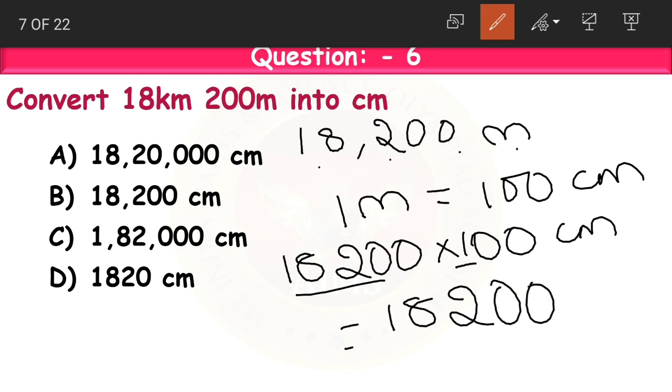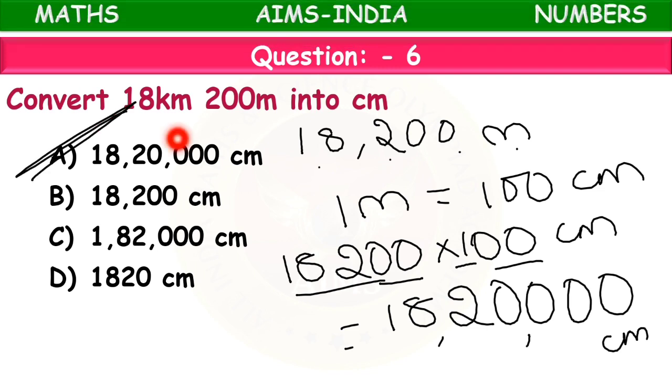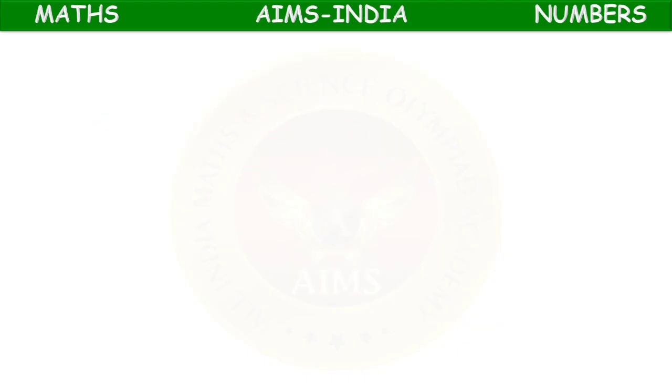Then after that we are having 4 zeros here. So I'll keep 4 zeros. Now when I put commas, this will be read as 18,20,000 centimeters. Yes students? Now what is the correct option here? Option A, 18,20,000 centimeters. I hope this is clear. First we converted kilometers into meters and then the whole meters are converted into centimeters.